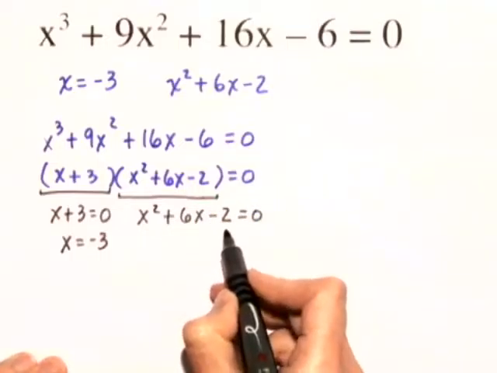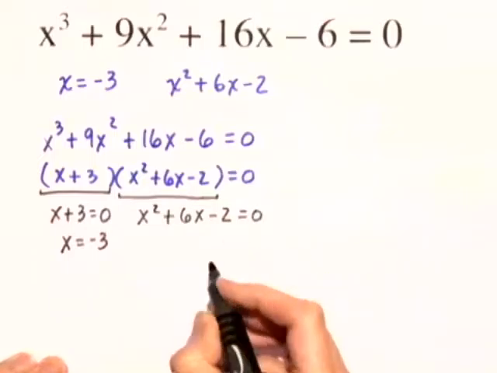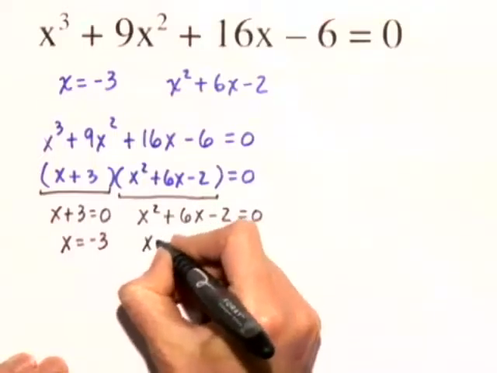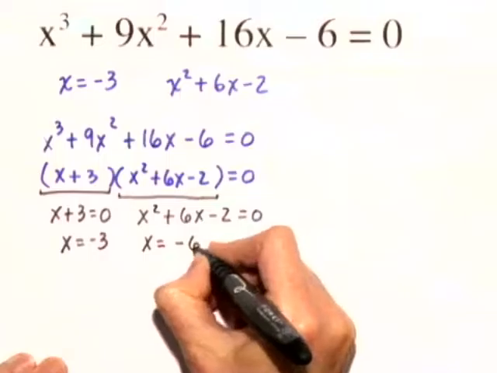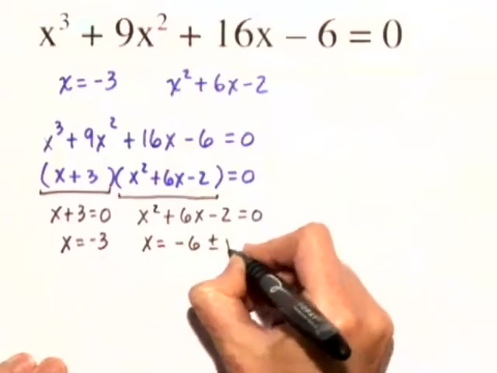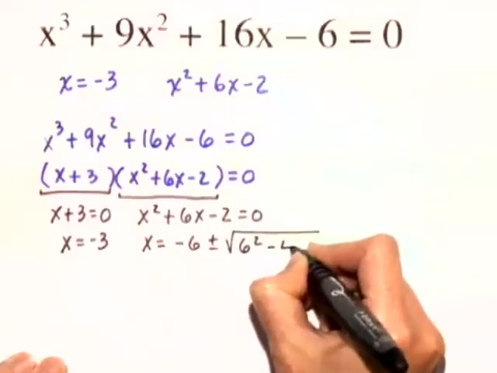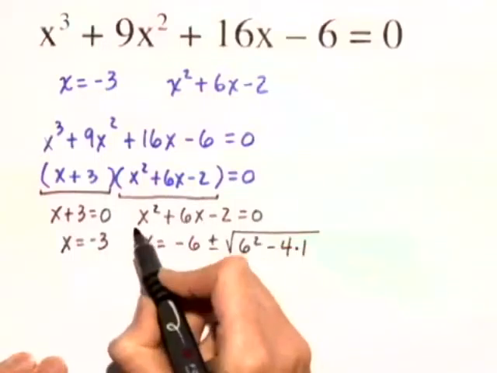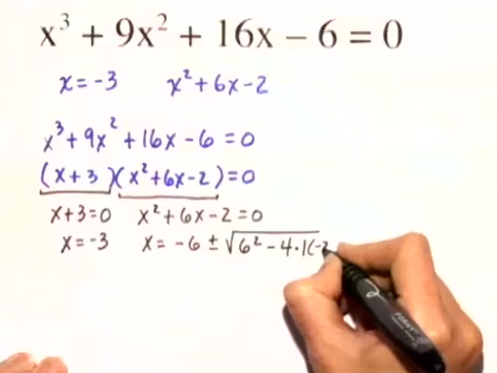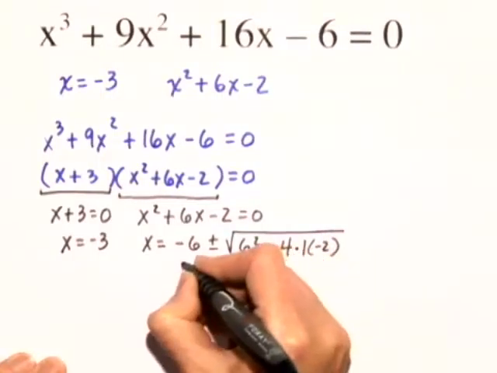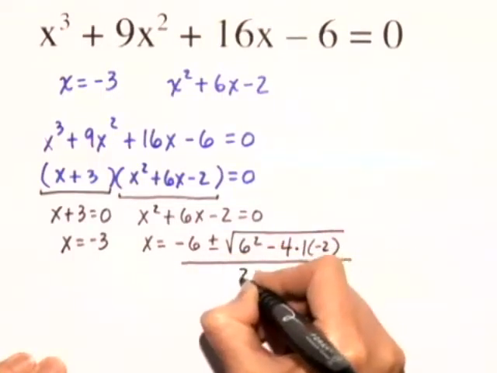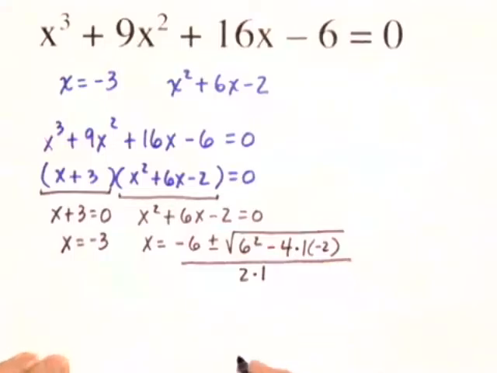This doesn't look like it will factor, so let's go ahead and use the quadratic formula. We have x equals negative b, which is 6, plus or minus the square root of b squared, so 6 squared, minus 4 times a, which is 1, times c, which is negative 2, all over 2 times a, which is 1.